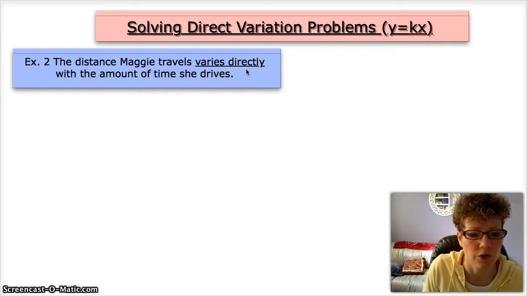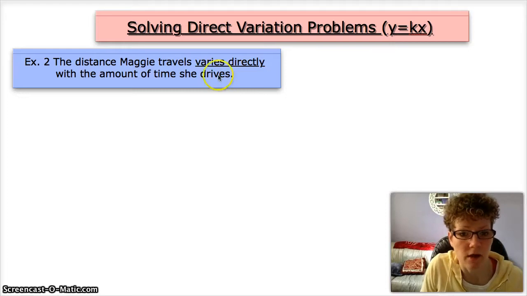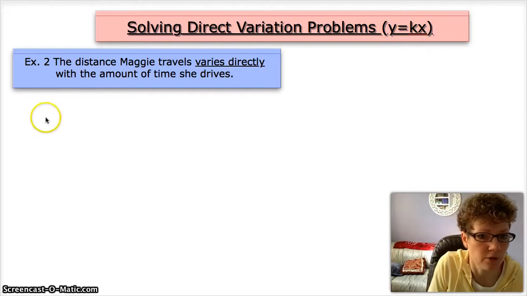It's kind of like you look for the word sum and you know you're going to be adding, or difference and you're going to be subtracting. So here, when it says varies directly, we know we're going to be using y equals kx. Okay, so first let's figure out what k is.